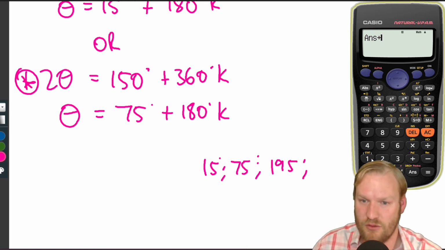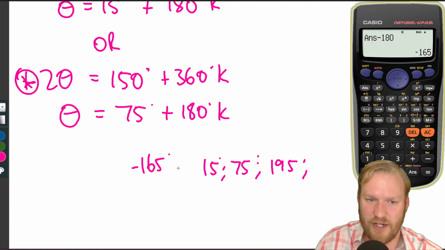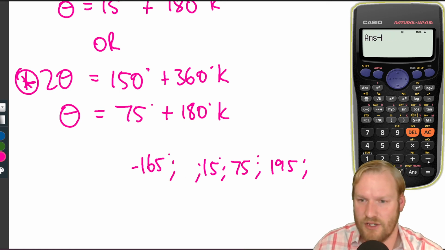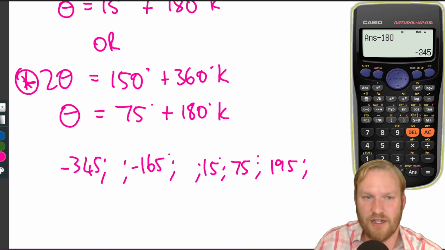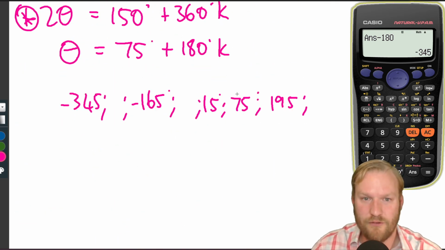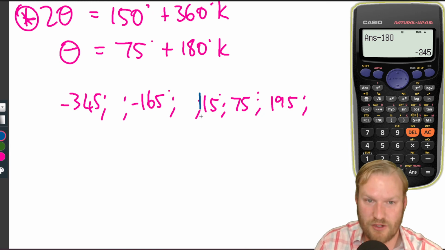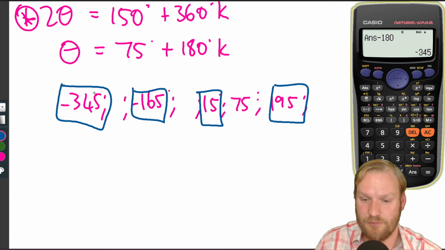And if we add 180 to that, we've gone too far. Let's take our 15 degrees and subtract 180 degrees, and we get minus 165. If we subtract another 180 degrees, we get minus 345, which is still in our range. So there should be 4 of them related to the 15.